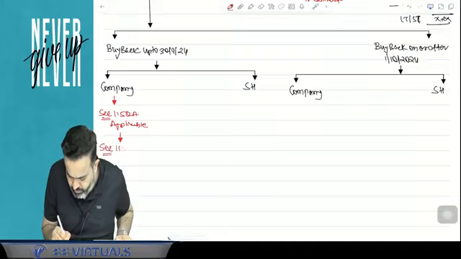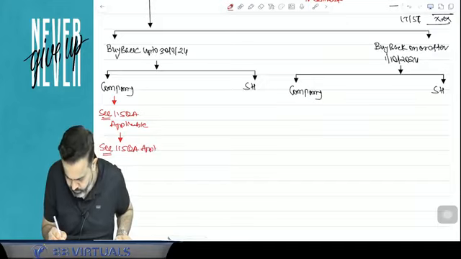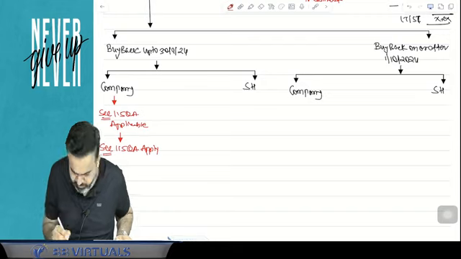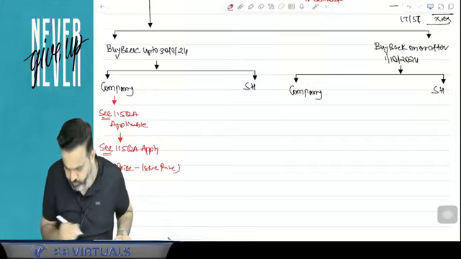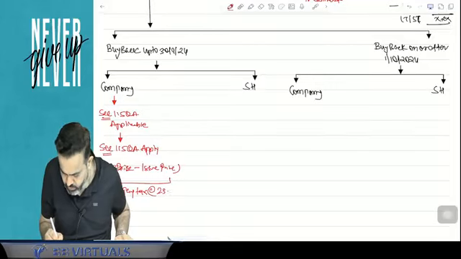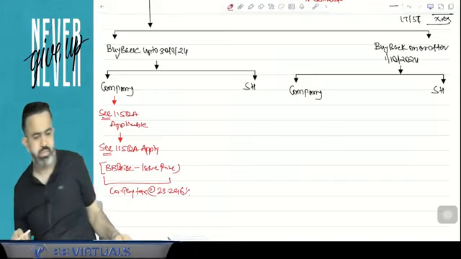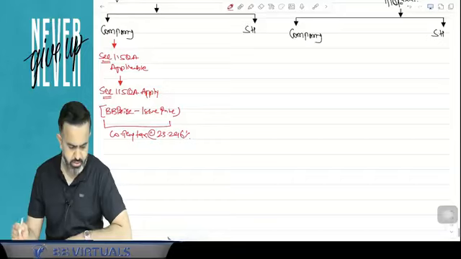So here section 115QA applies, and as per section 115QA, whatever the buyback price minus issue price, here the company pays tax at the rate of 23.296%.